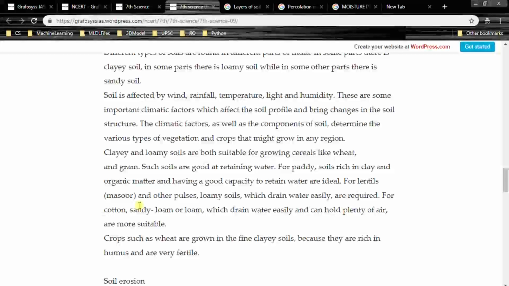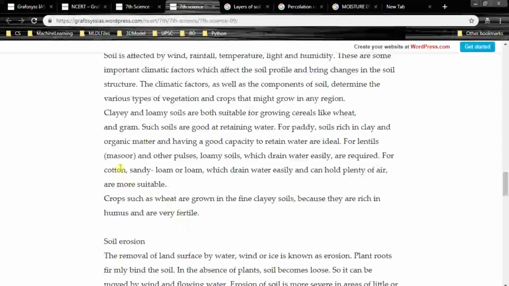Crops such as wheat are grown in fine clayey soils because they are rich in humus and are very fertile. Cotton is usually grown in dry regions, remember, and paddy and wheat are usually grown in wet regions.